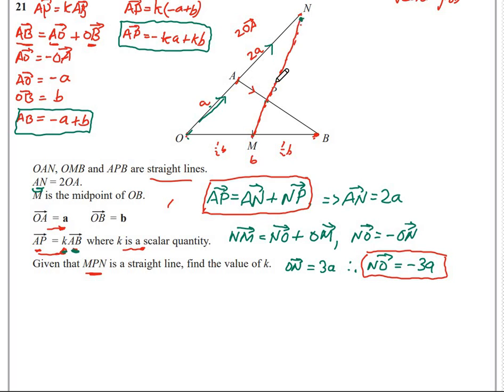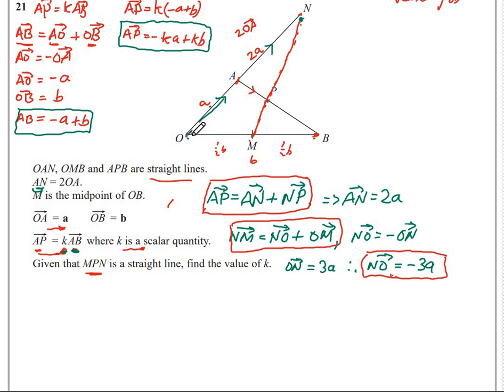So we've gone on a little adventure to find what MP is. In order to find MP, we needed to find NM, because MP is part of NM. Okay, so we found NO so far. So we're trying to find NM, remember. We found NO, which is this. So we want to find OM.